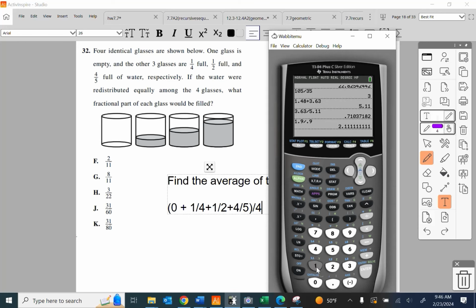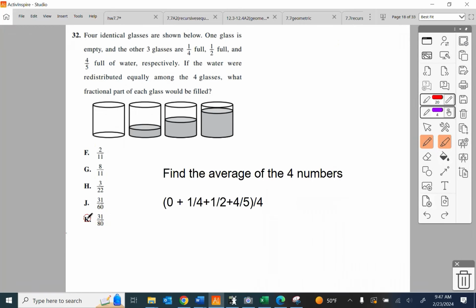So we got a quarter, a half, a 4/5, plus. Press that magic enter key, divide by 4 because there's 4 of them. And then back as a fraction, 31, kind of small on mine, but 31/80. Right there.